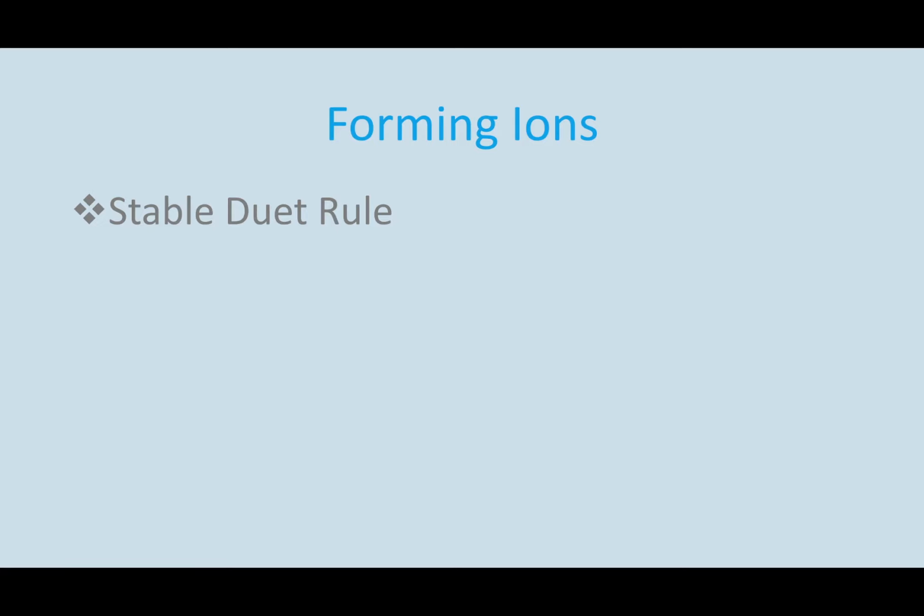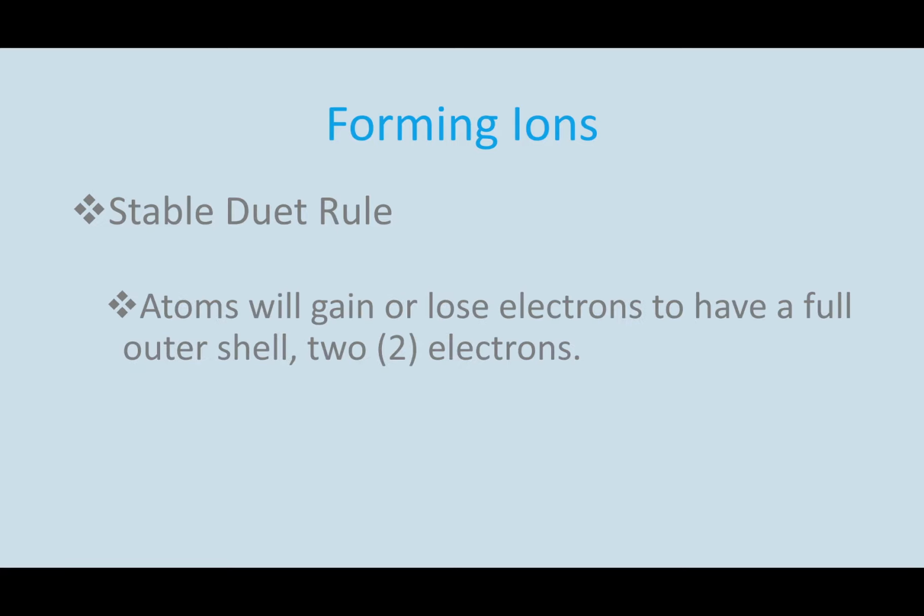The other rule is the stable duet rule, which is very similar, except atoms will gain or lose electrons to have a full outer or valence shell of 2 electrons. This differs slightly because there are certain elements that aren't going to try to get 8 electrons. They're going to try to get 2 electrons in their outermost shell.